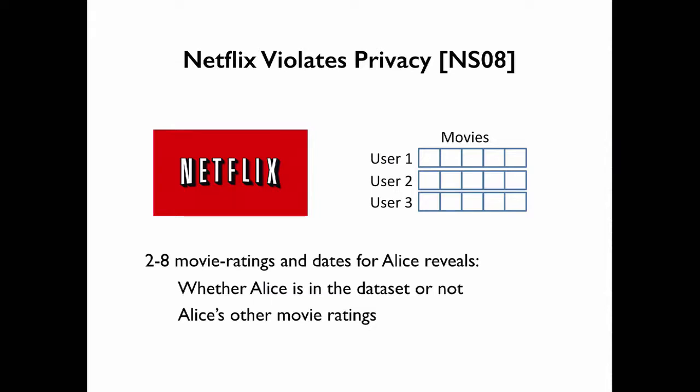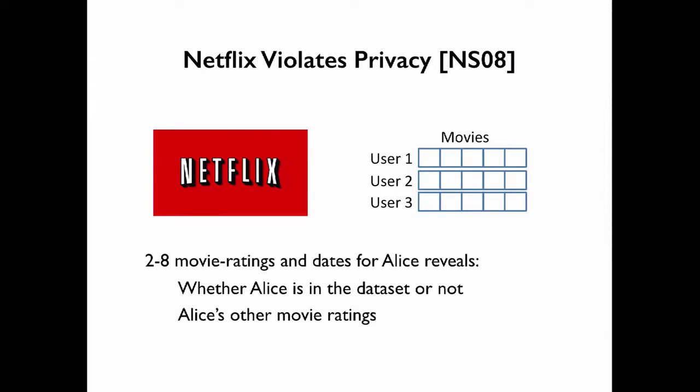And Narayanan and Shmatikov looked at this data, and what they could show was that if you knew just a few movie ratings and approximate dates for somebody in the data, say one of your friends, you could figure out whether your friend was in the data set or not.